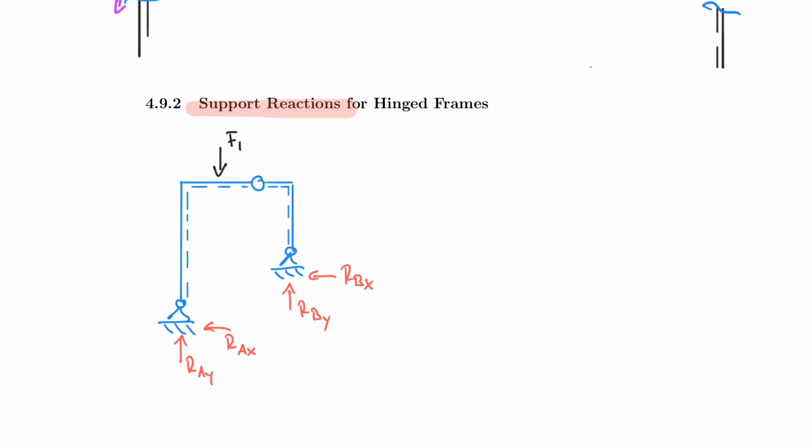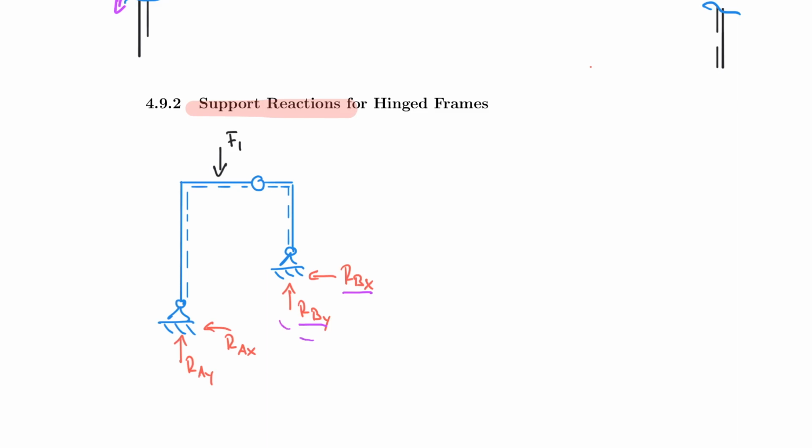So the question is, how do we calculate those support reactions? The easiest way to do so is to set up two equations with the same two unknowns. Let me elaborate on that. For example, let's say I want to find RBY and RBX.